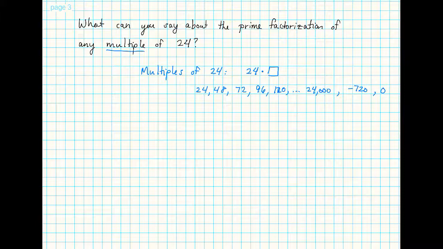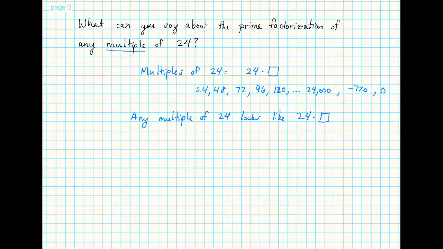Okay, and one of the things about the prime factorization is, any multiple of 24 looks like 24 times something, right?